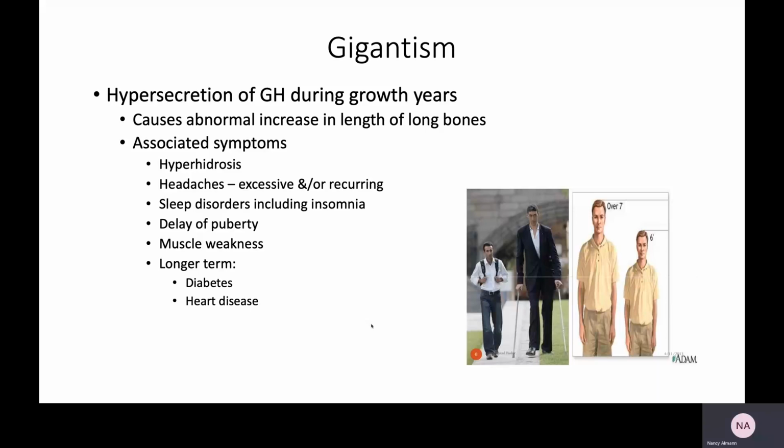And that is because, particularly heart disease, the heart can actually not pump enough, hard enough, fast enough, long enough to supply really large bodies if you have gigantism. Remember, gigantism is when this occurs when the growth plates are open.